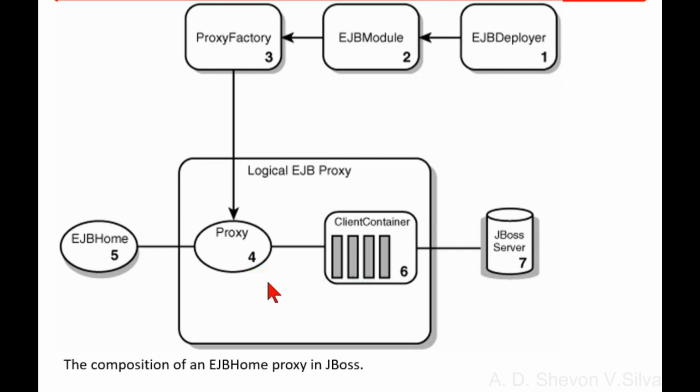The dynamic proxy instance is bound into JNDI as the EJBHome interface that clients look up. When a client does the lookup of an EJBHome, the home proxy is transported into the client VM along with the client container and its interceptors.